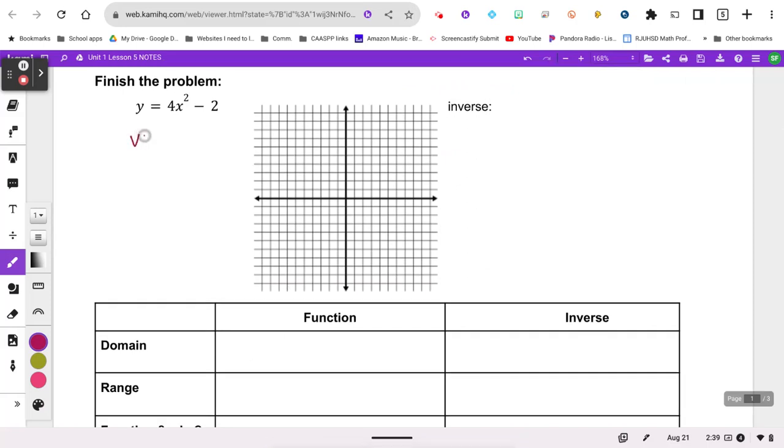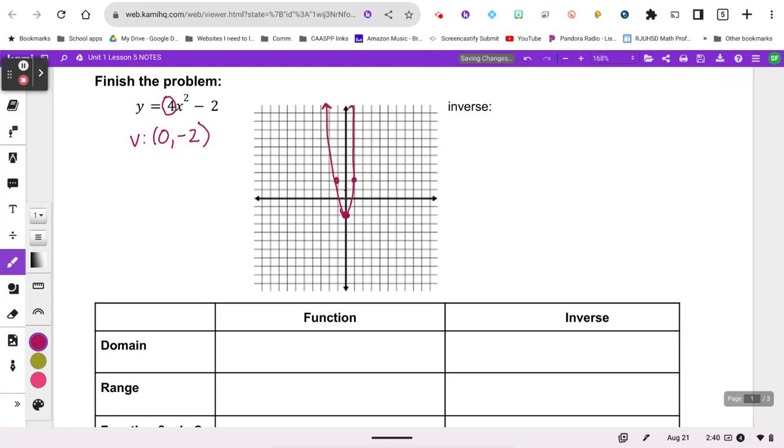So our vertex, since there's nothing with the x, is 0, -2. It is opening up because that 4 is a positive number. And to get the next points, we're going to go from our vertex, go up 4 and go 1 to the right, 1 to the left. And we have our parabola.